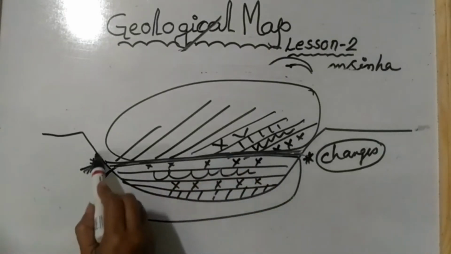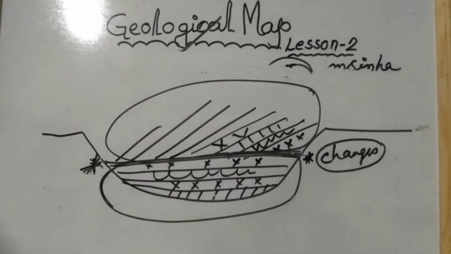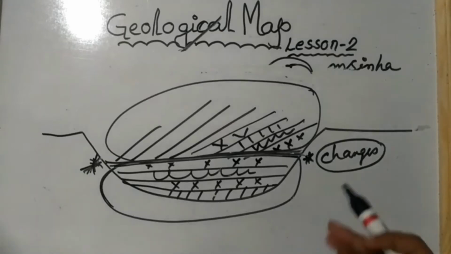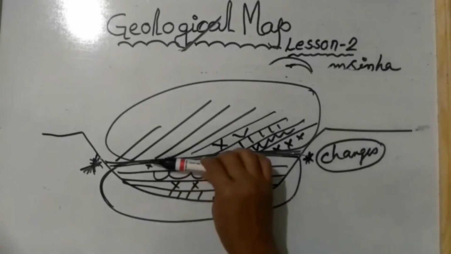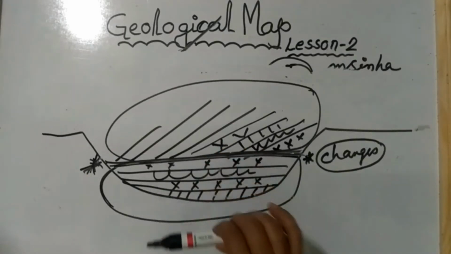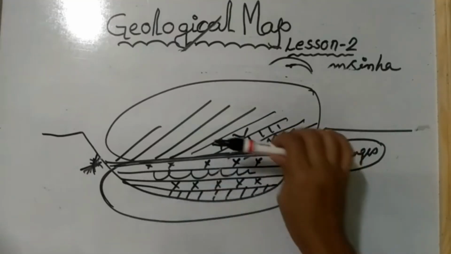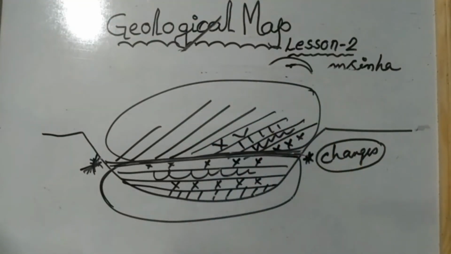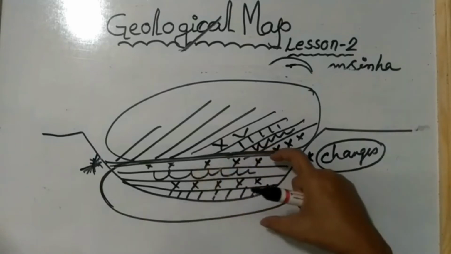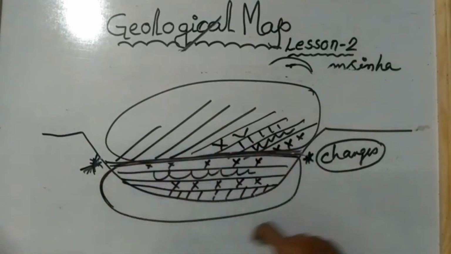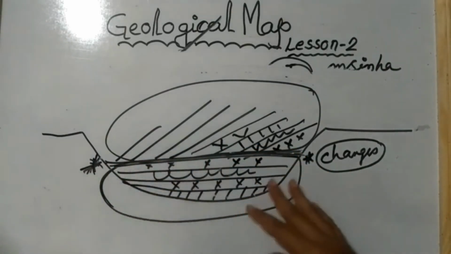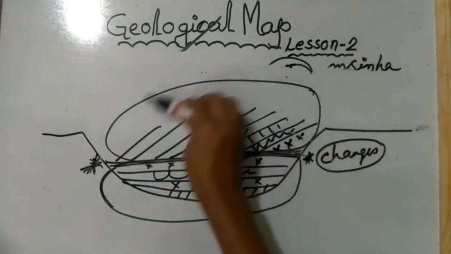This changing surface is known as the line of unconformity. How do you identify the line of unconformity? Conformity means similarity. The dip of this bed is remarkably different from that bed. Therefore, the tectonic activities of that era and during those depositions remarkably differ from that era.